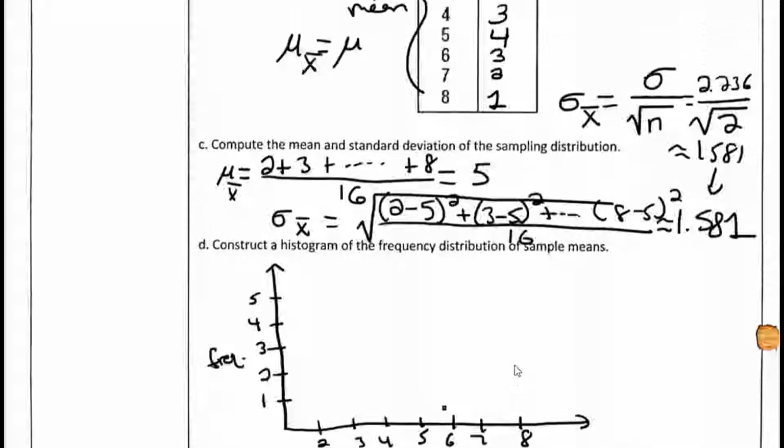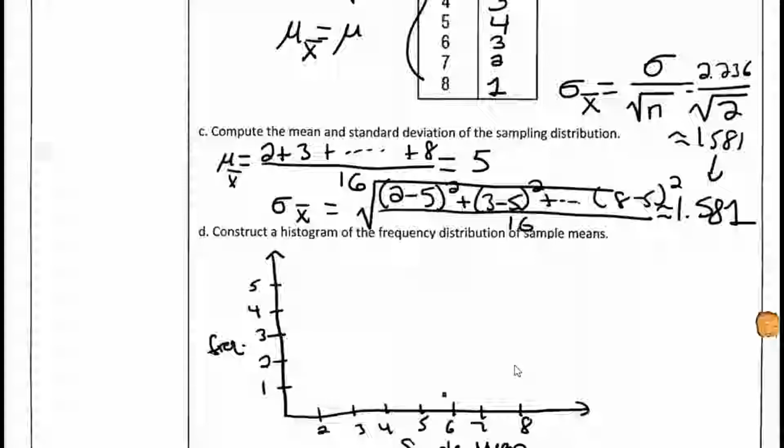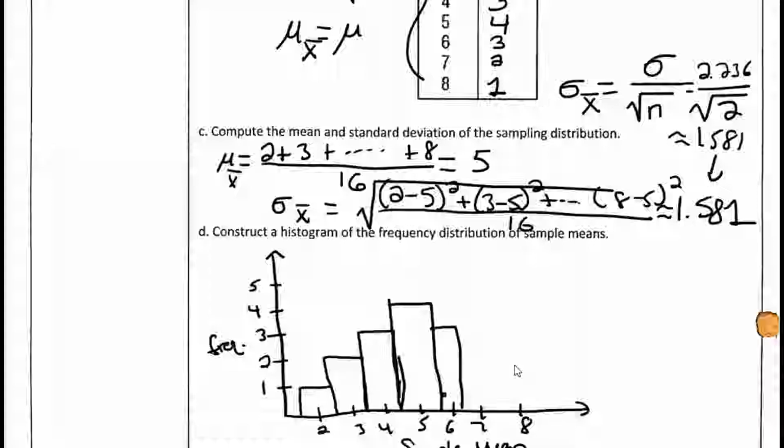For 2, I got a frequency of 1. For 3, I have a frequency of 2. For 4, a frequency of 3. For 5, a frequency of 4. For 6, a frequency of 3. 7 is 2, and 8 is 1.